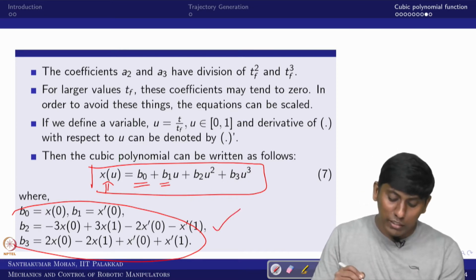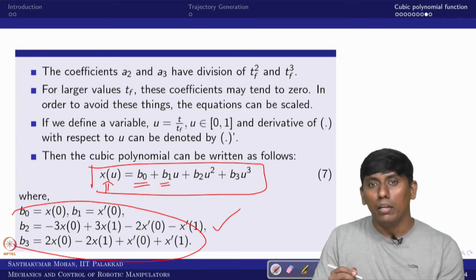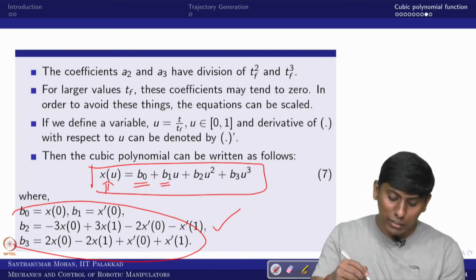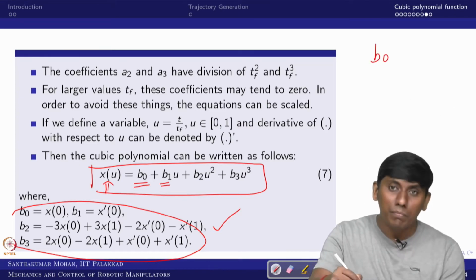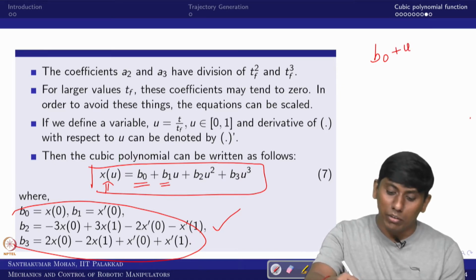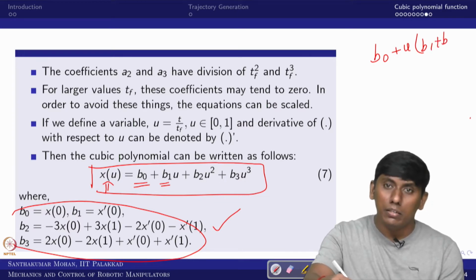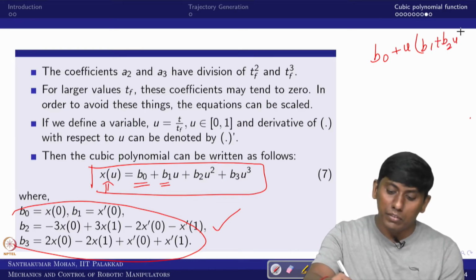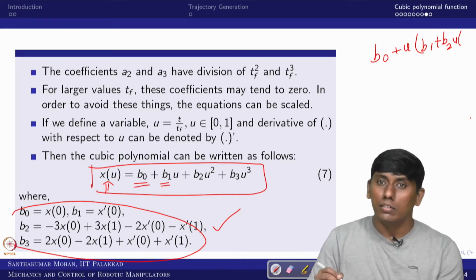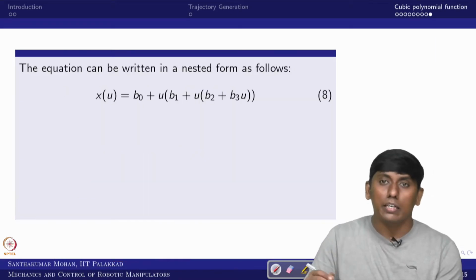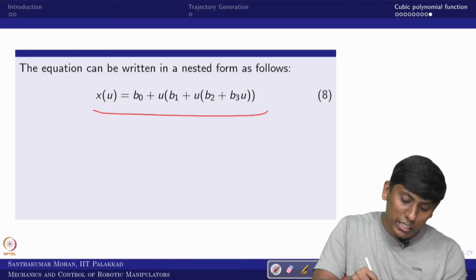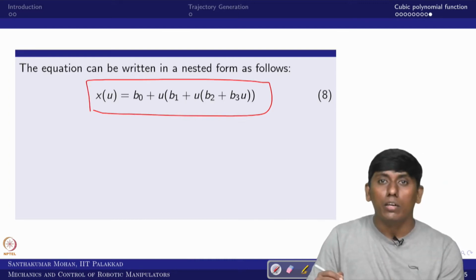So it is very simple, and we can even rewrite this in a nested form. I write b0 plus u times (b1 plus u times (b2 plus u times b3)), and so on. This nested form is one of the easiest.